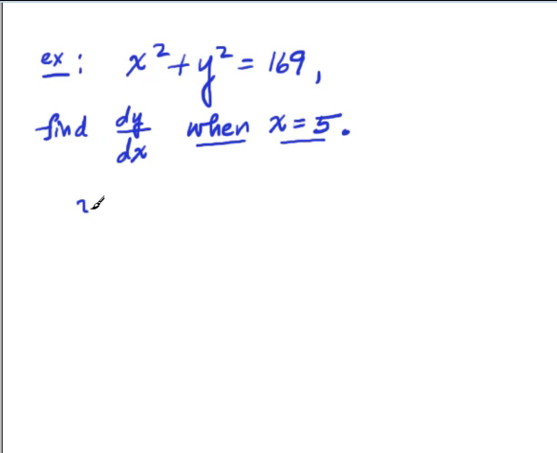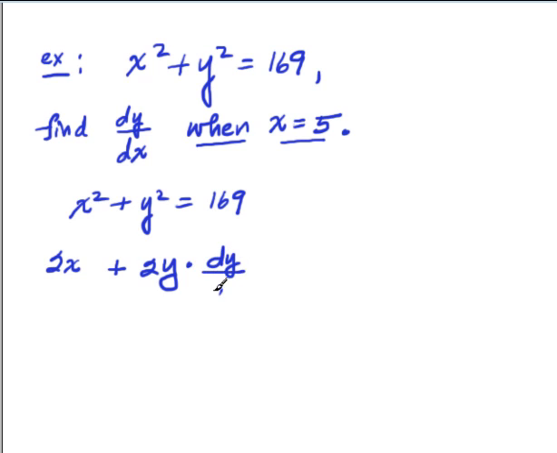Let me just copy this over: x squared plus y squared is equal to 169. The derivative of x squared is 2x, plus the derivative of y squared. Now keep in mind y is a function of x. So we have an outer, that's 2y, times the derivative of y, that's like our inner function. That's our chain rule there. Equal to the derivative of 169, which is 0.